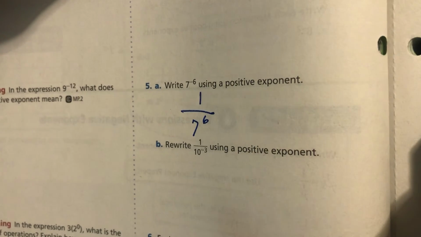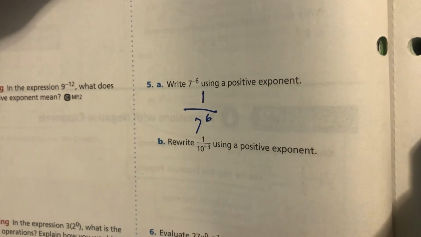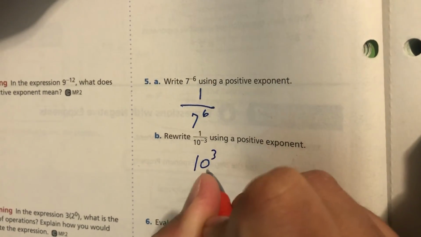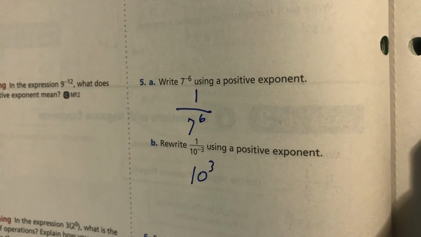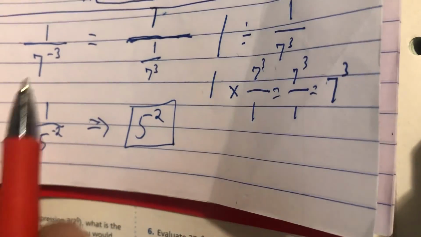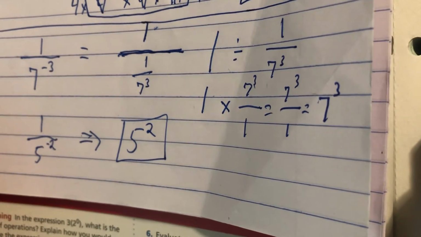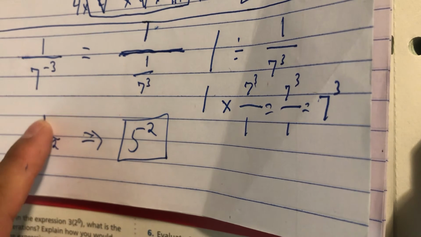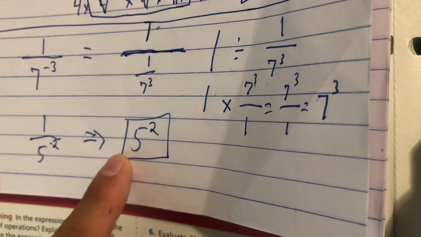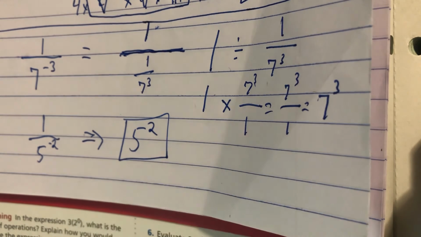And if we do the same here, that's the reciprocal, so 10 to the third. That's with a negative exponent. And then how it eventually becomes 5 to the second.